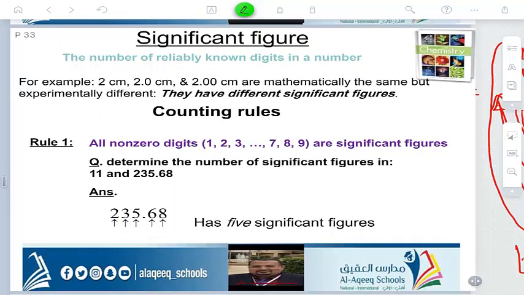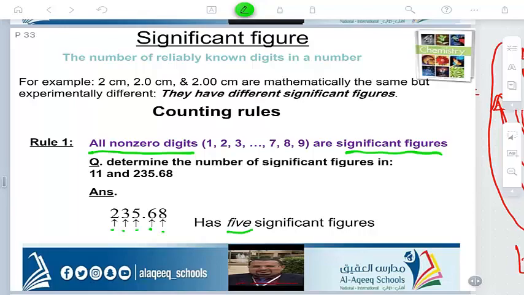We can find significant figures here by these rules. First rule: all non-zero digits, like 1, 2, 3, 4 up to 9, are significant figures. If you have a number like this, 1, 2, 3, 4, 5 significant figures.